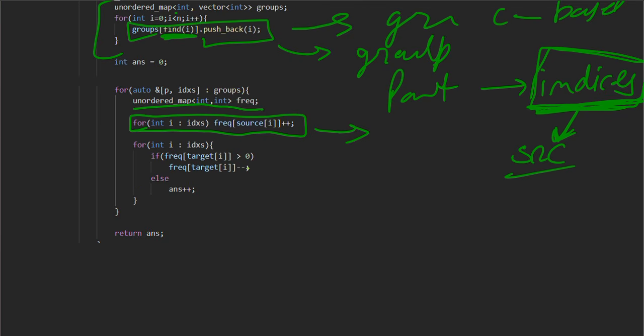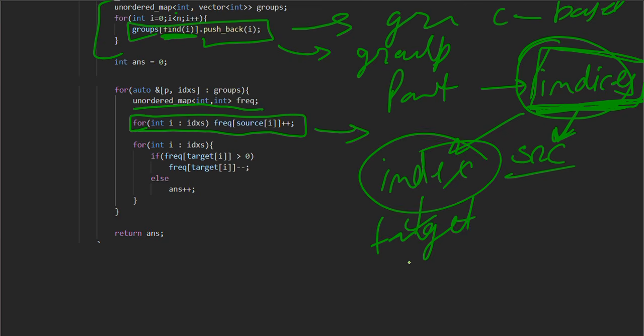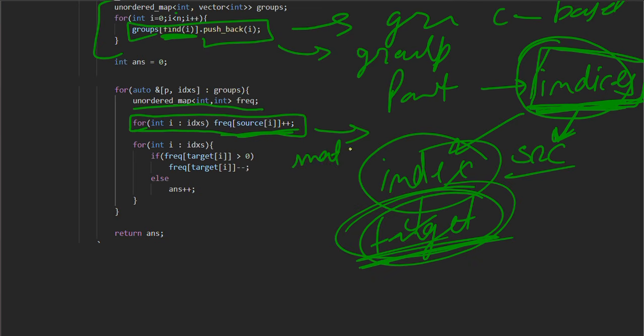Then we process each index, and in the target array we take the element and check whether its frequency is still present in the map. If the frequency is greater than 0, that means it is a match, so we reduce the frequency by 1. Else it is a mismatch, so we increase our answer. So at the end we will be returning our answer.